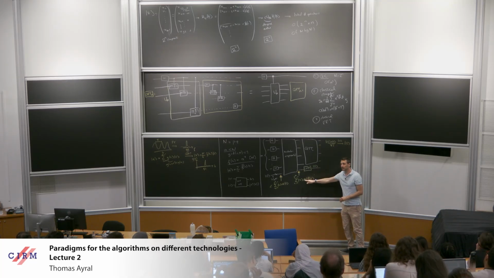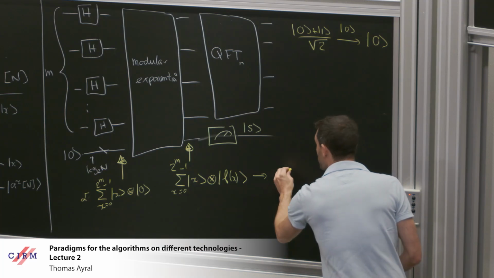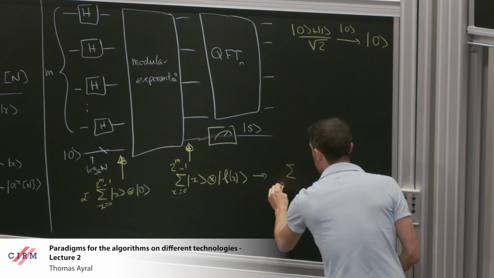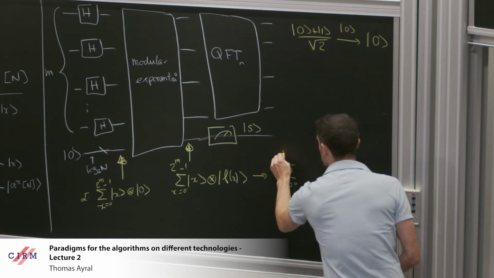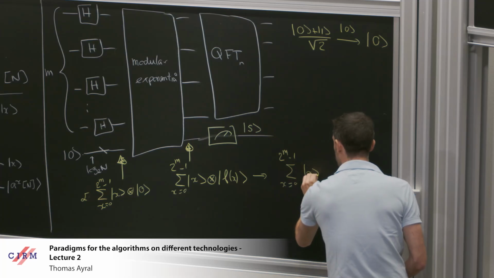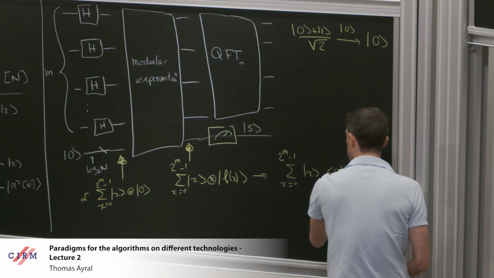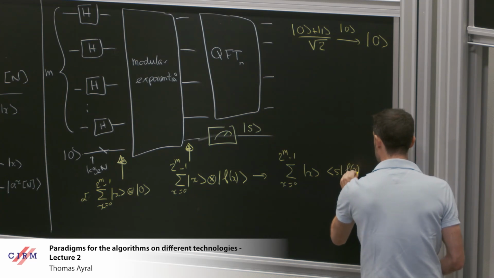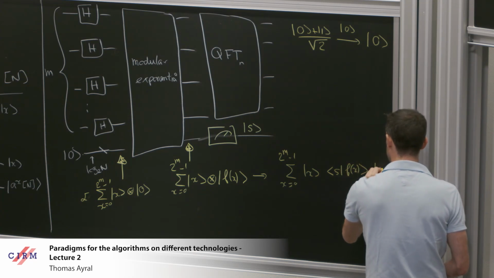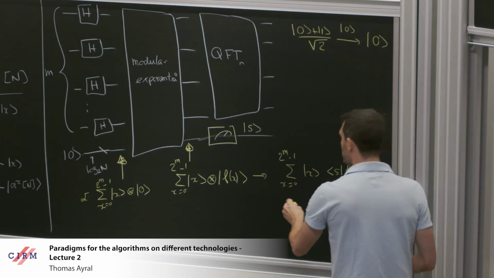what is the state after? The state is going to be essentially the sum over x from 0 to 2^m minus 1 of x, times s, f of x, times s. So let me tell you what I did.